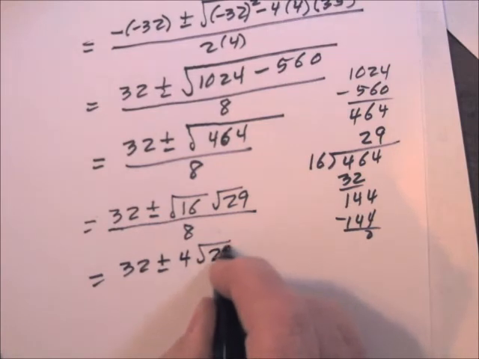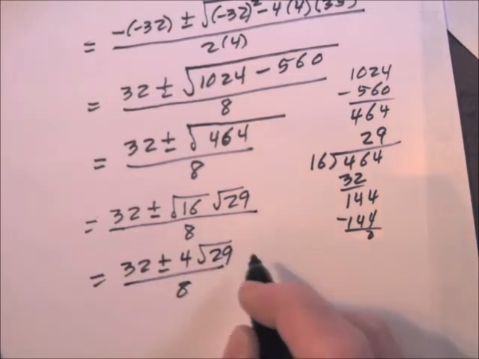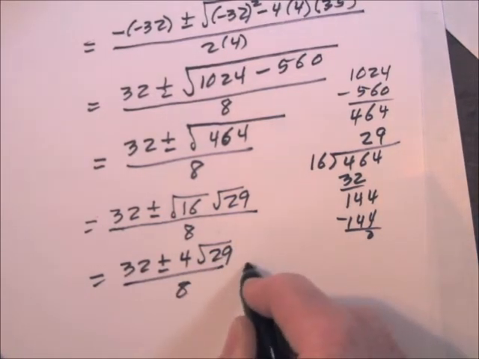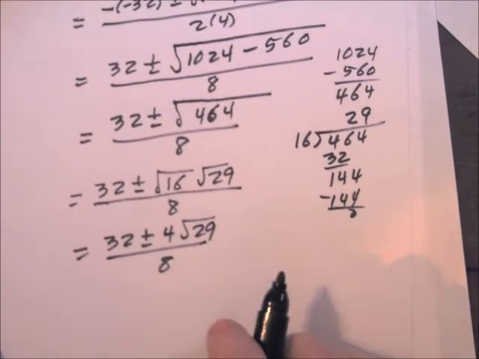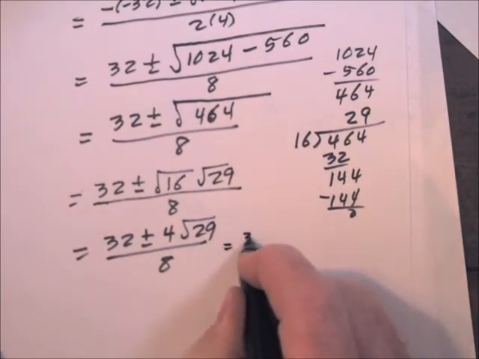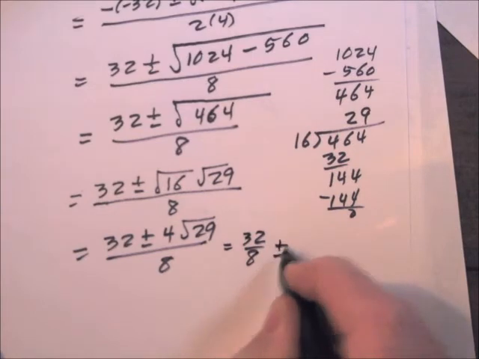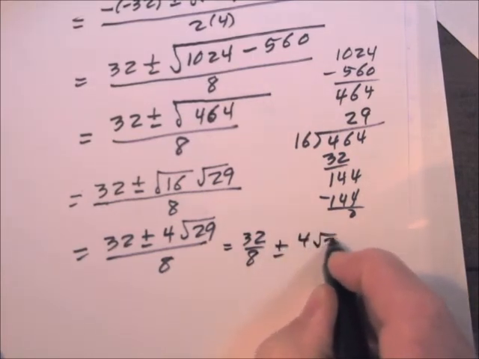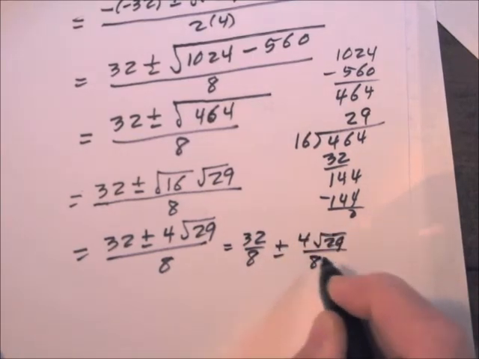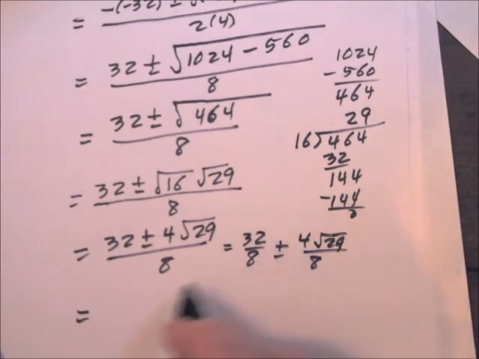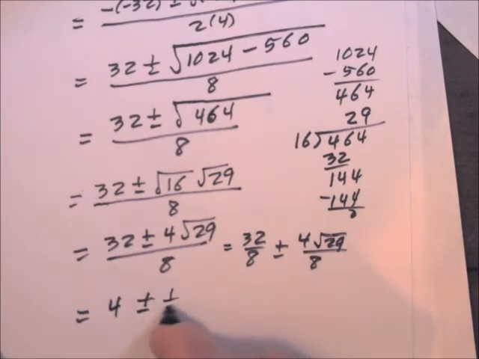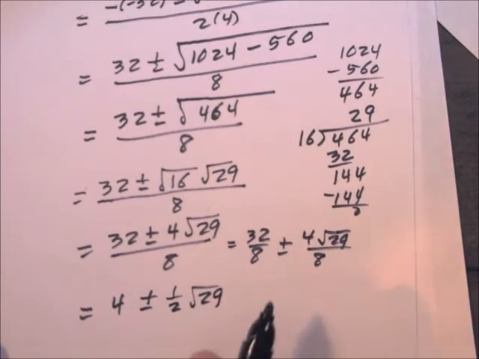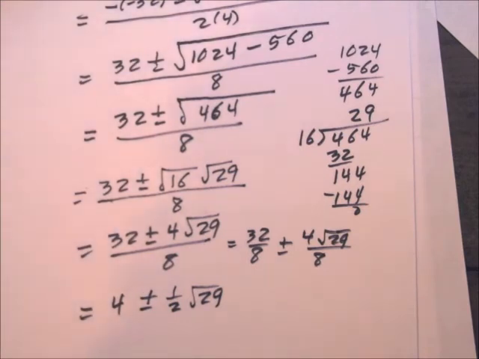We'll have 4 square root of 29 over 8. And then we can distribute the denominator: 32 over 8 plus or minus 4 root 29 over 8. 32 divided by 8 is 4, and 4 eighths reduces to 1/2. So we'll have 4 plus or minus 1/2 times the square root of 29.